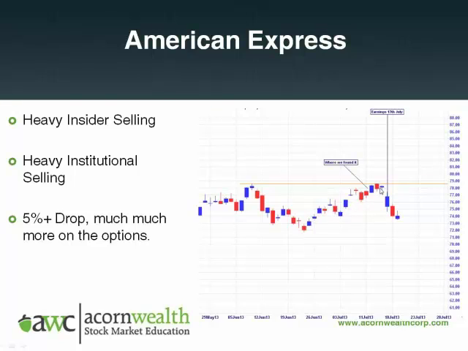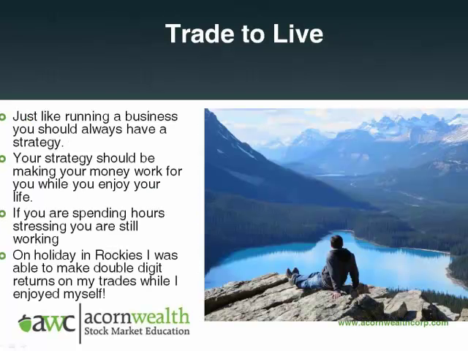So we know exactly where our entry is, exactly where our exit is, and the beauty about that is when you know exactly what you're doing because you're following a strategy, you can actually program that into your brokerage account so that you don't even have to be there when the trade happens. Now that's the key thing, trade to live.